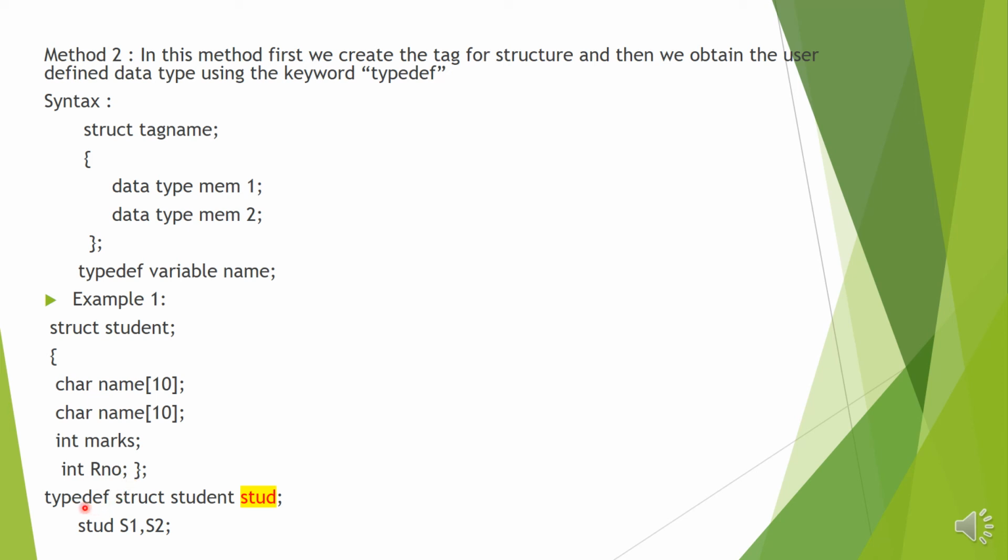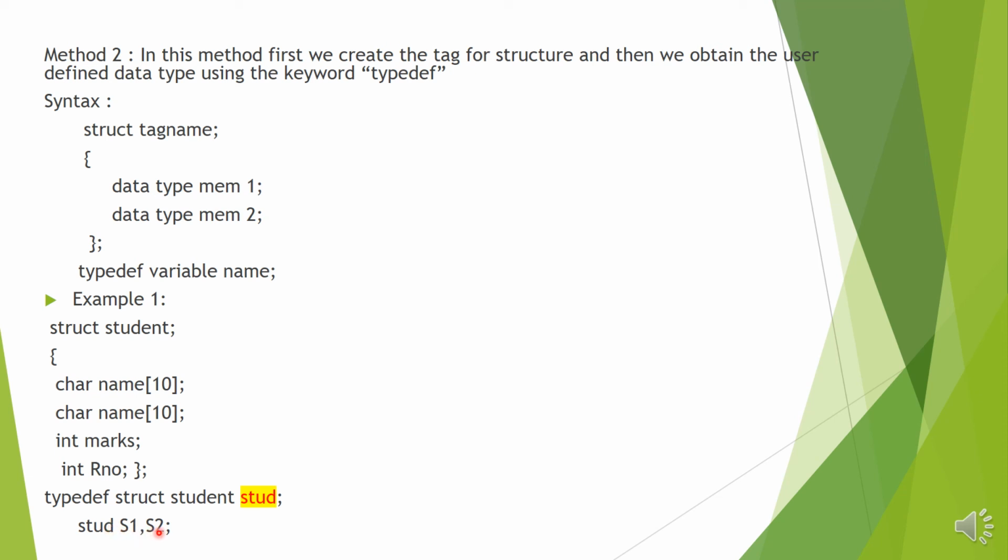Then it is followed by the statement typedef struct student stud. Here stud is known as the user defined data type. This data type can be used to create any number of variables within the main. So I have written in the next statement, stud s1, s2. This is the user defined data type used to create any number of variables in different functions.